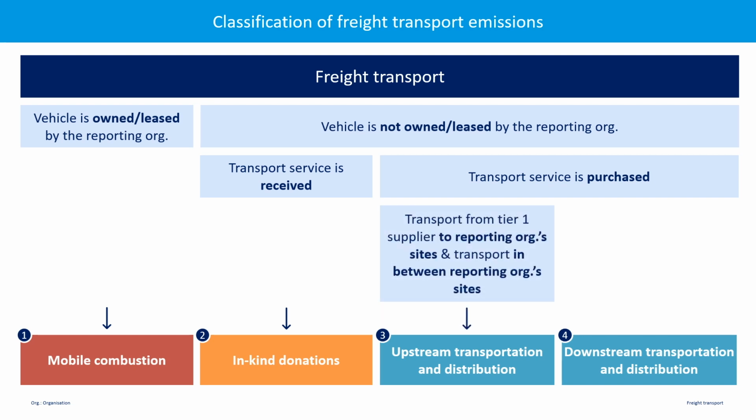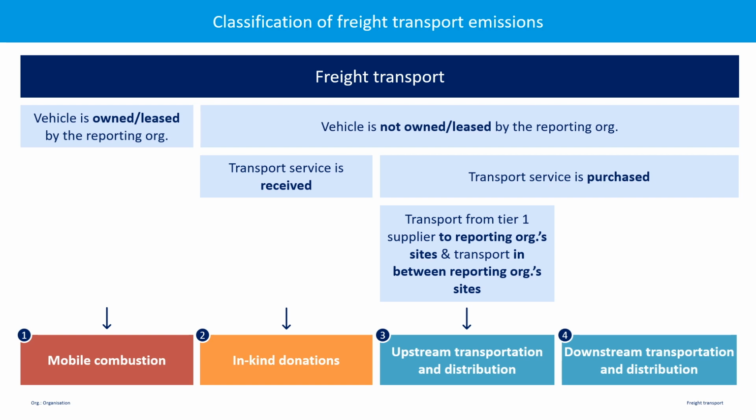Emissions resulting from transportation between the reporting organization's suppliers and the reporting organization's warehouses would fall under the upstream transportation and distribution emissions category. And remember, we're talking here about transportation done by an external party, which the reporting organization pays for that service.